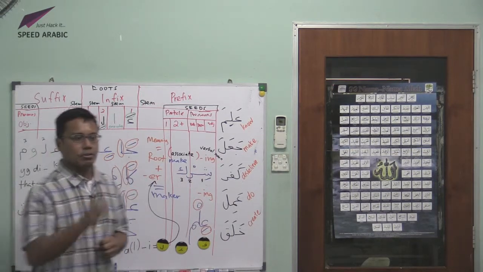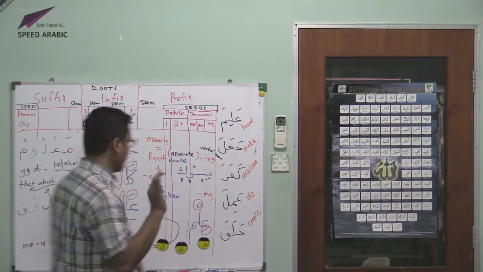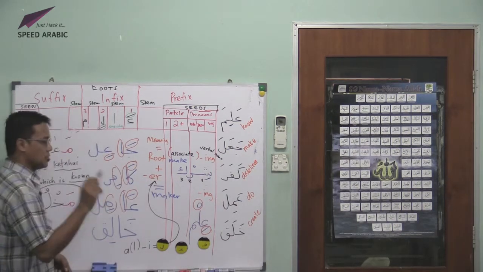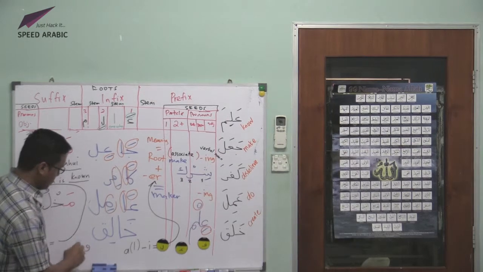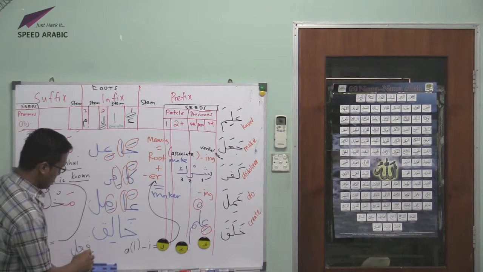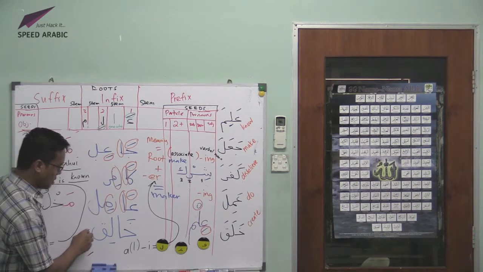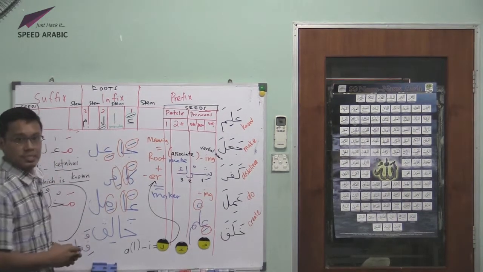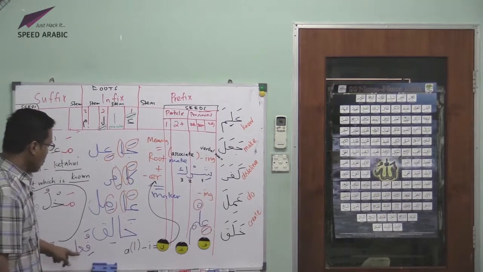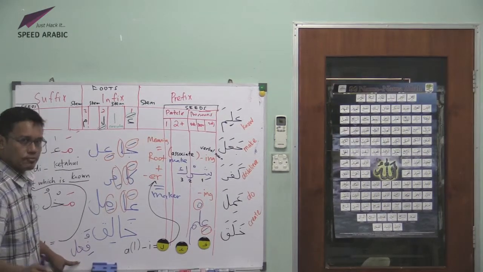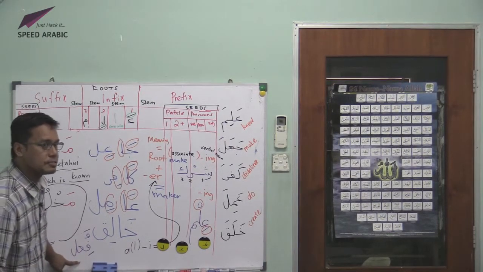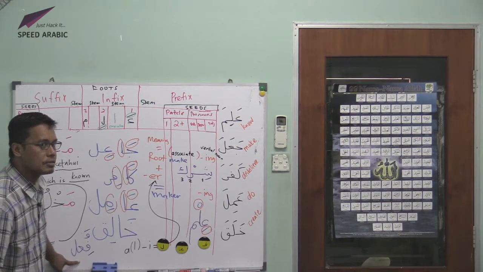Okay. Don't correct it yet because of the fi'il there. Do you notice that the fi'il can also be fu'ul, can also be fa'al, which means all the three forms, fi'il, fu'ul, fa'al, mean verbal noun.